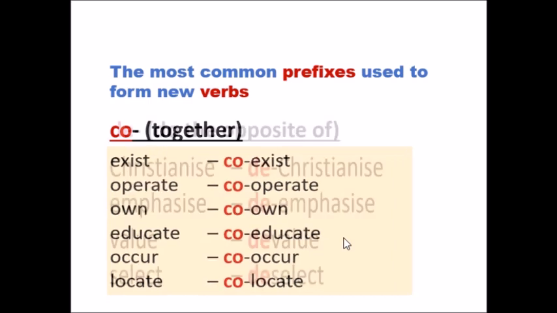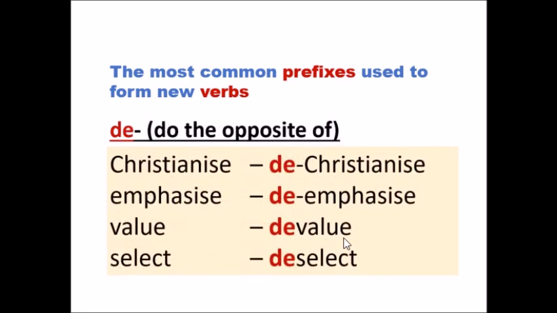Okay, let's move to the next one. De means do the opposite of something else. Christianize, de-Christianize. Emphasize, de-emphasize. Value, devalue. Select, deselect. Okay, what we have done, we have added a prefix to the verbs to form another verb.